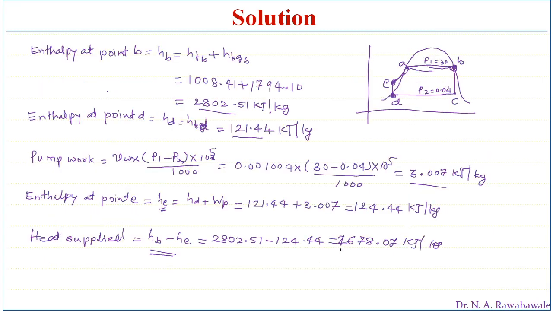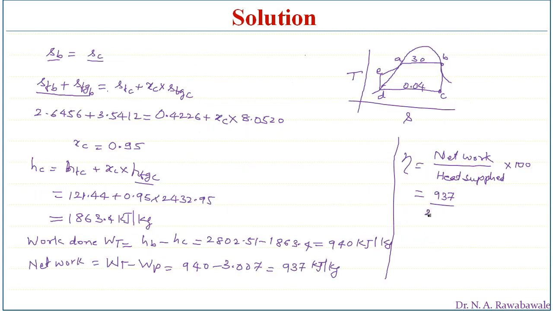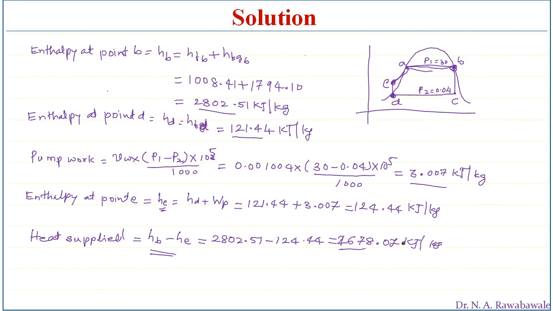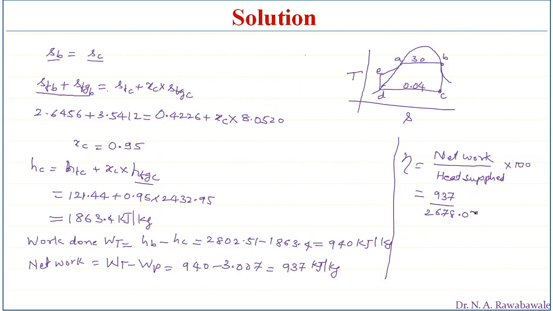Heat supplied is 2678.07, into 100. On calculation, this works out to be approximately 35%.